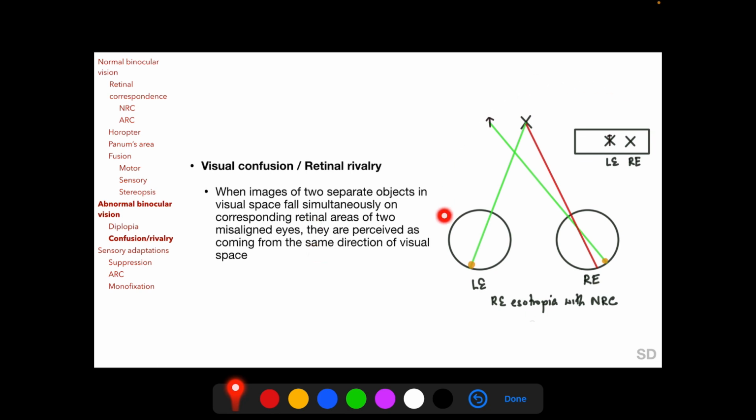This diagram shows the situation of a patient with right eye esotropia with normal retinal correspondence. This target projects its image on the fovea of the fixating left eye, and this target projects its image on the fovea of the deviated right eye. And because of normal retinal correspondence, the two fovea have the same subjective sense of direction, and so the two targets appear to be overlapped.